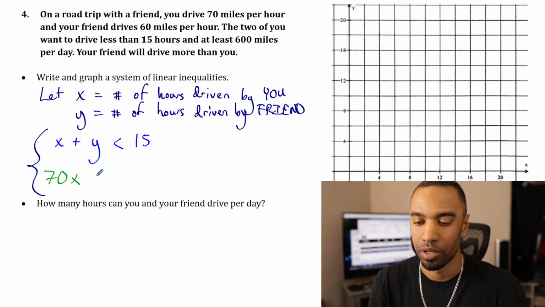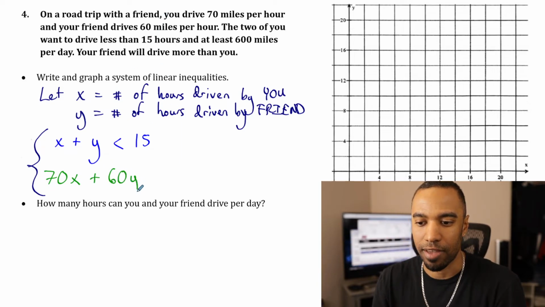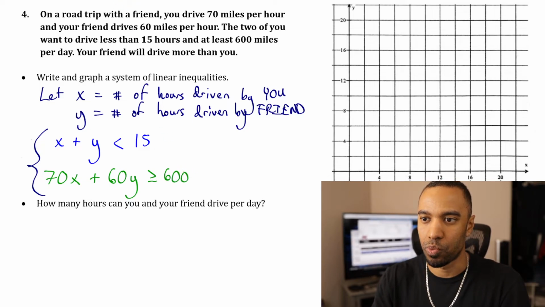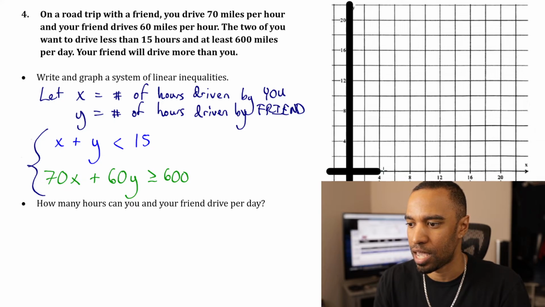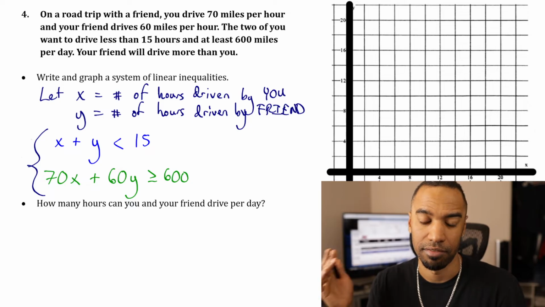For your friend, it's 60 miles per hour times the number of hours driven right there. You want to drive at least 600 miles per day, so this needs to be greater than or equal to 600. And of course, the implied ones, once again: x and y are greater than or equal to 0. I'm not going to write them this time. They are implied. Better left unwritten. I'm going to go ahead and bolden that, though, and make sure that we stay within that boundary. We're not going to drive negative hours.